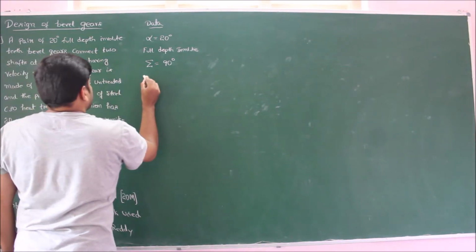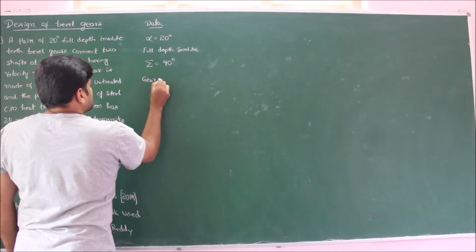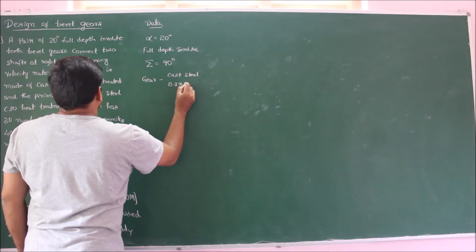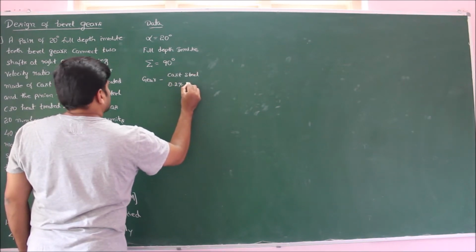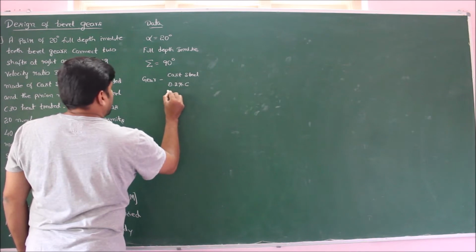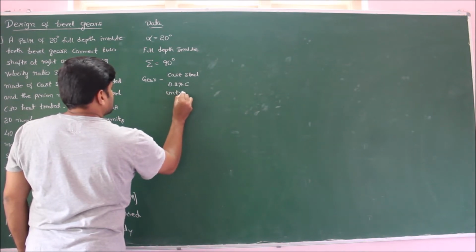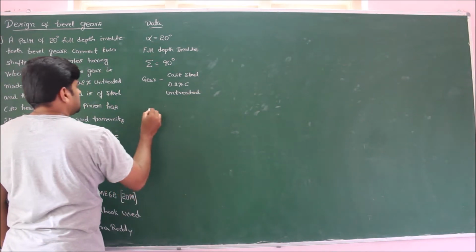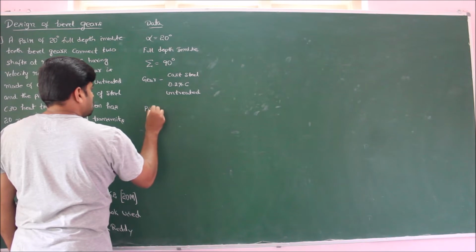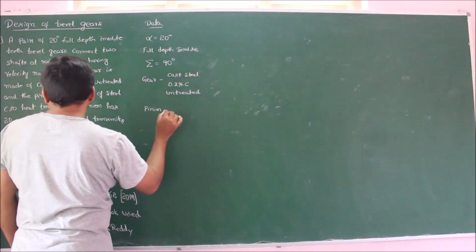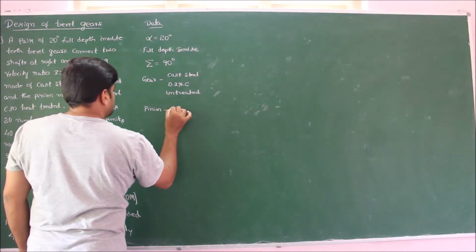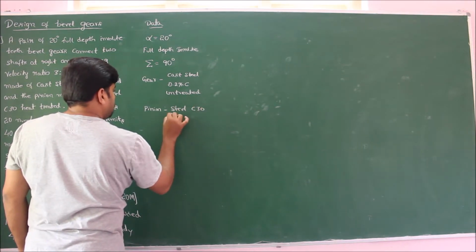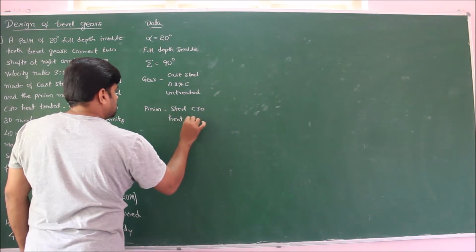The material for gear is given. The gear is made of cast steel 0.2% carbon untreated, whereas the pinion is made of steel C30 heat treated.